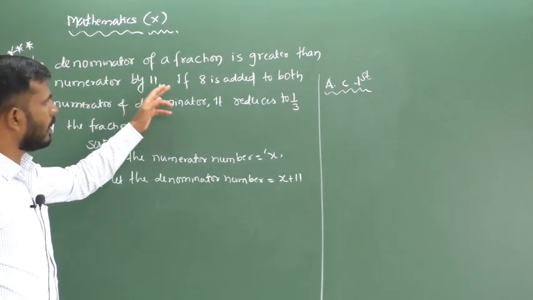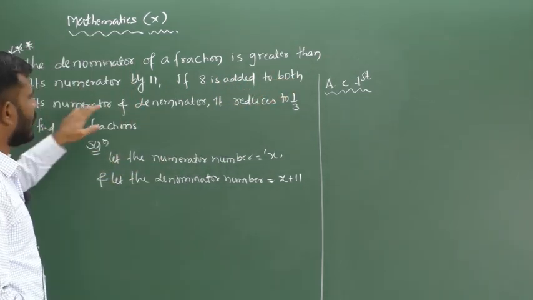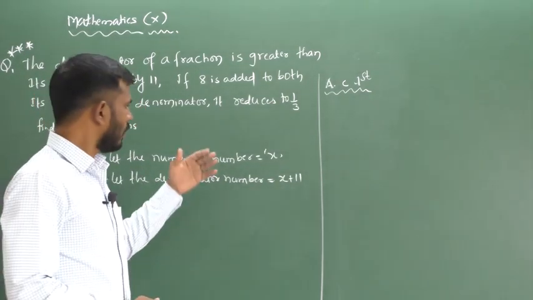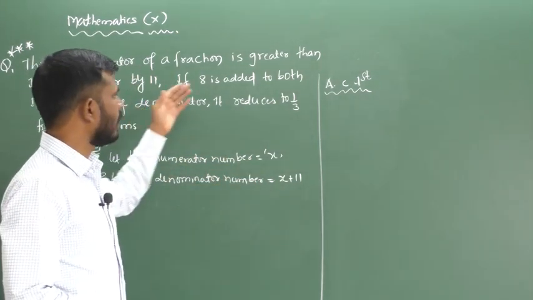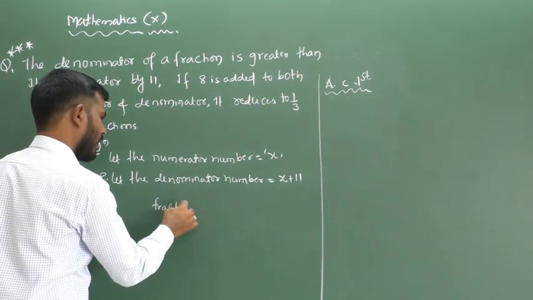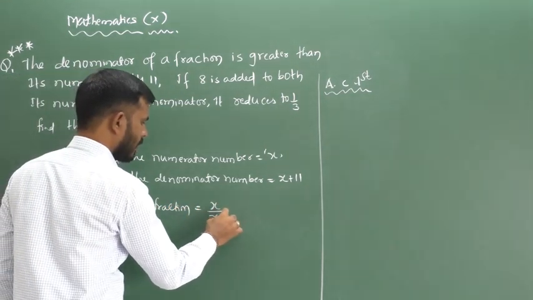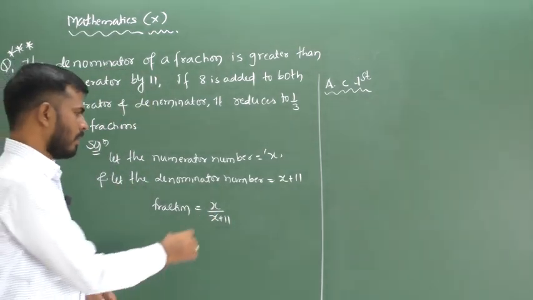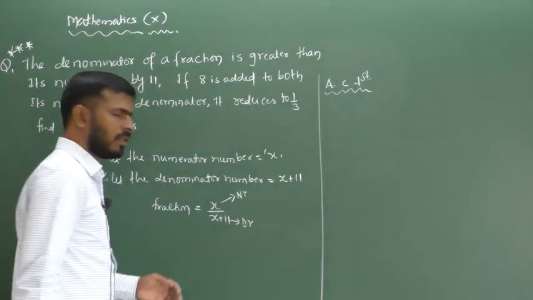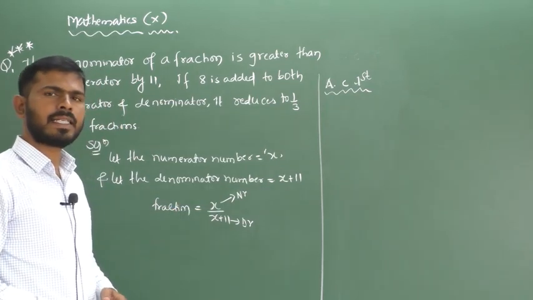The next condition: if 8 is added to both its numerator and denominator, the fraction reduces to 1 by 3. Here, one more step: the fraction is x divided by x plus 11. The fraction is always in the form of numerator divided by denominator.